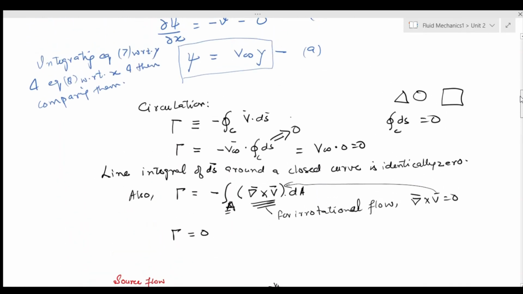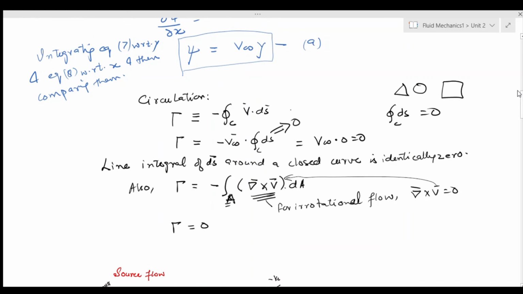And why am I finding circulation? Because you would see a little bit afterwards that circulation is directly proportional to lift. That's why we are finding circulation here. So anyways, that was my first elementary flow, basic flow element, and that was uniform flow.